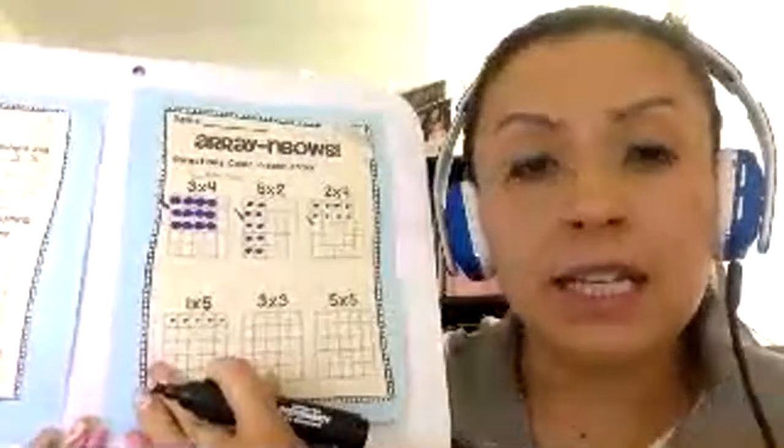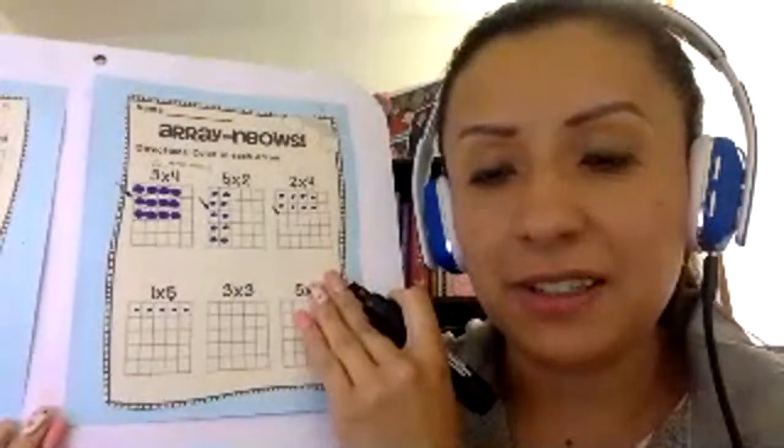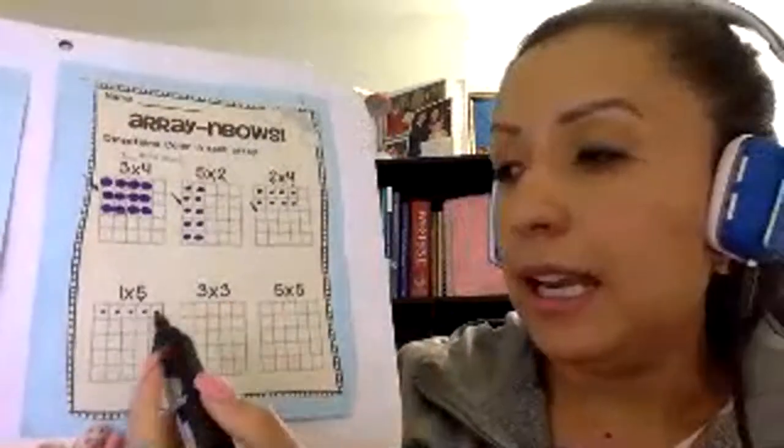Excellent, very good. 5. So 1, 2, 3, 4, 5. We have only one row, only one group of 5 dots in the line. Very good. Congratulations.